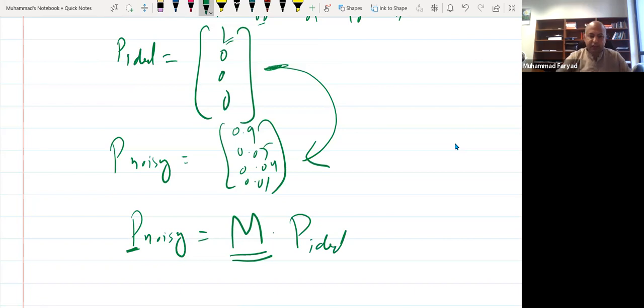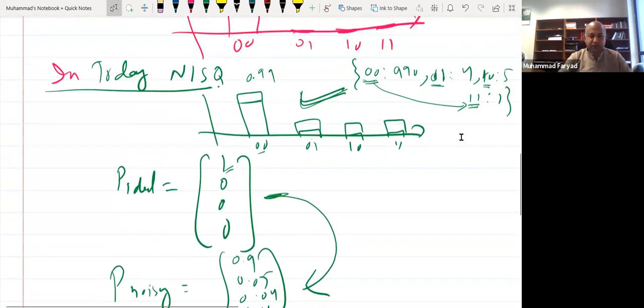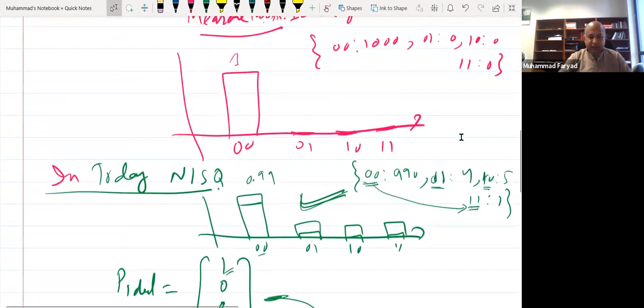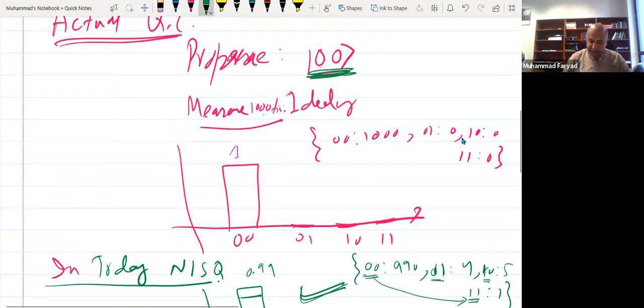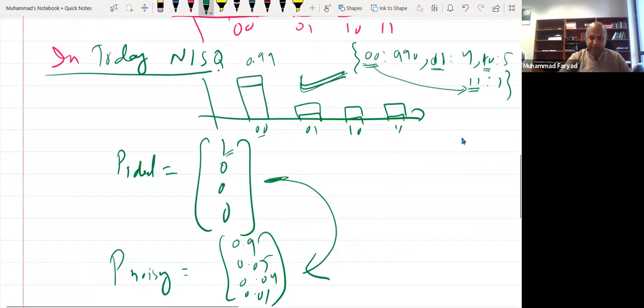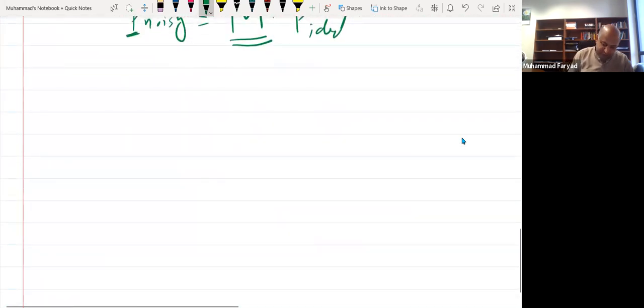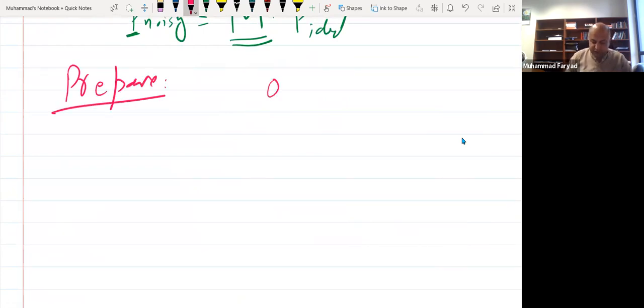That's a matrix that we have to guess. But before that, let me go a little bit ahead, and suppose instead of preparing my state as 0,0, let's prepare your qubits in the 0,1 state.